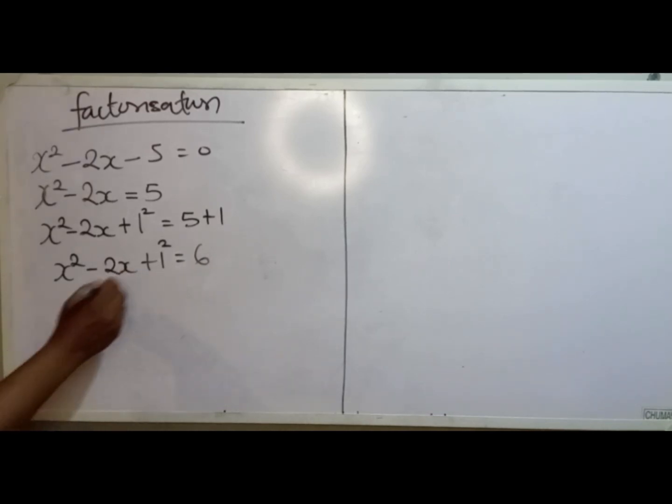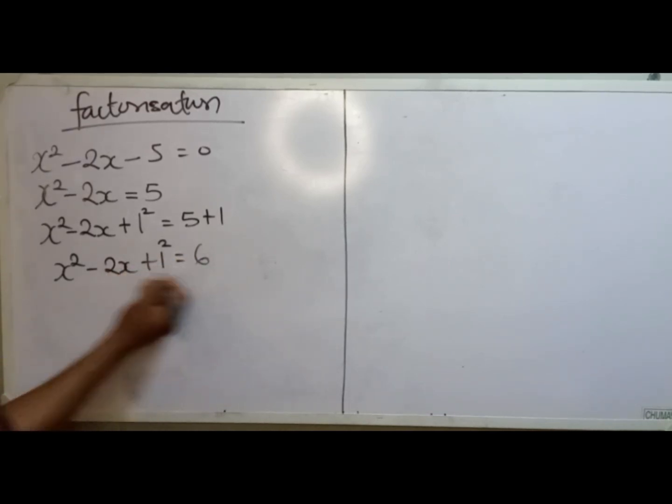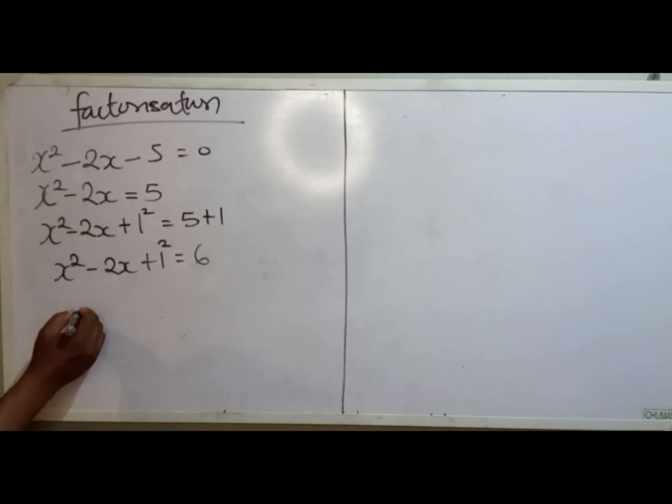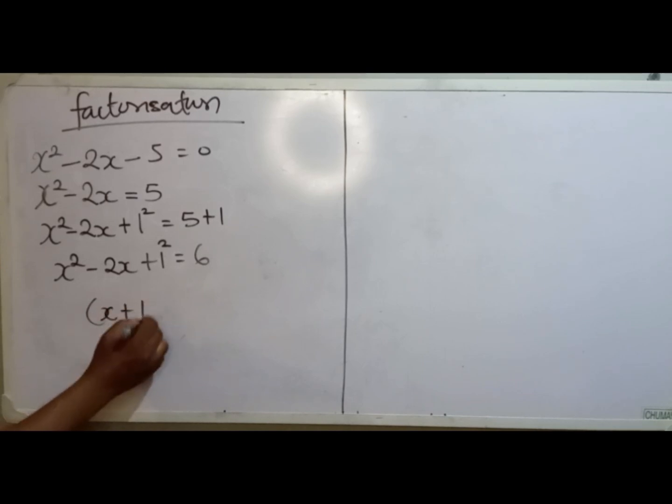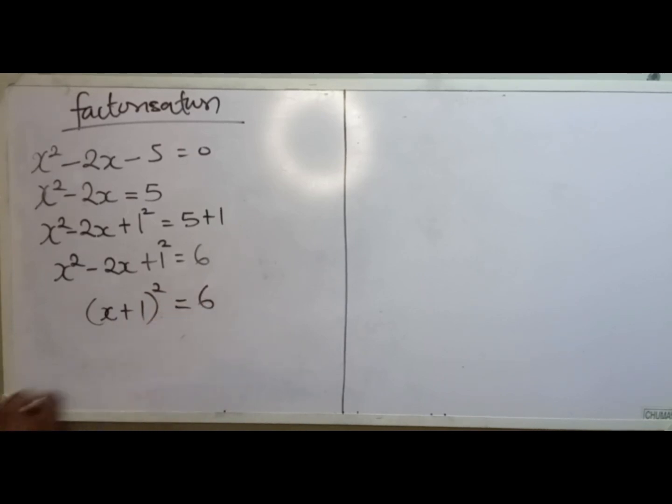All right, so now I'm taking the perfect squares. It's going to be x plus 1, all squared, equals 6.